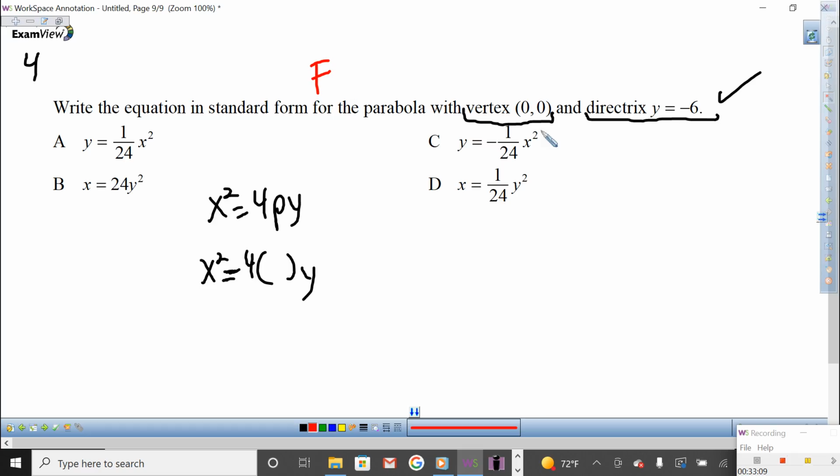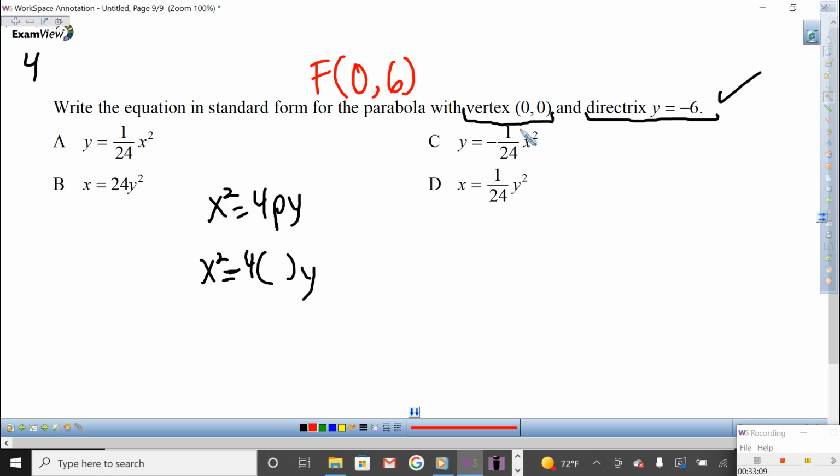But we don't have a focus. We have a vertex. But we know that the focus is equidistant. So tell your neighbor what would be the value for the focus. 0, 6. Hands if you got 0, 6.